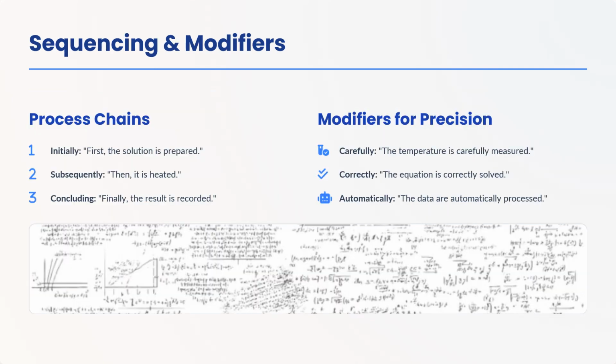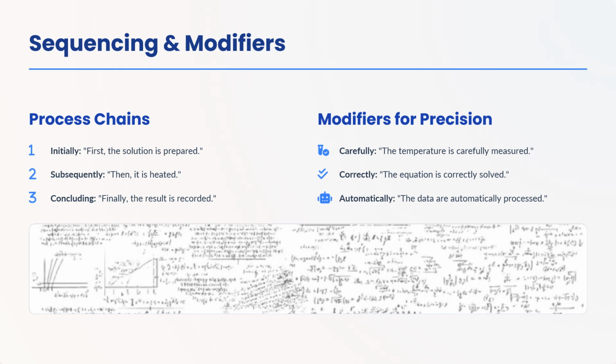So, now let's speak about sequencing and modifiers. Logic in science is linear. Therefore, our language must be linear. The student should be guided through the process and through how the actions are done. So, sequence words like initially, subsequently, in conclusion, or finally are used to show the order of the steps.